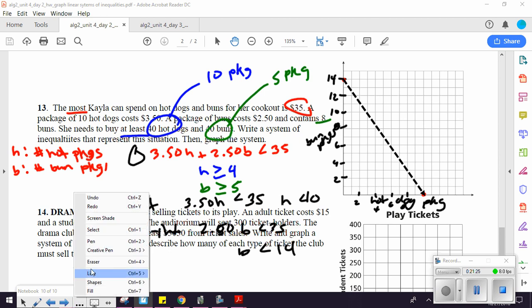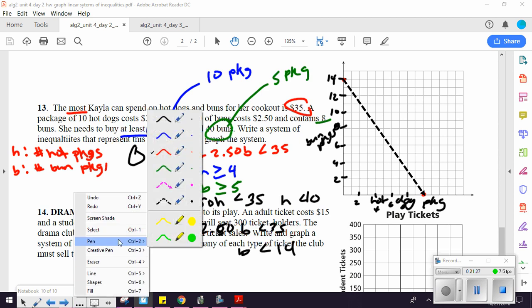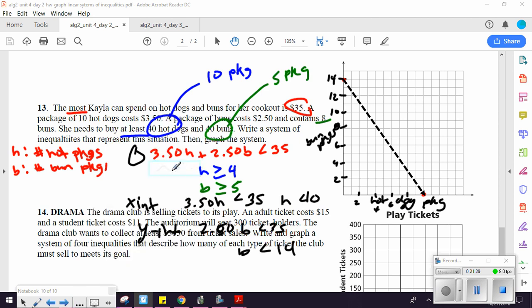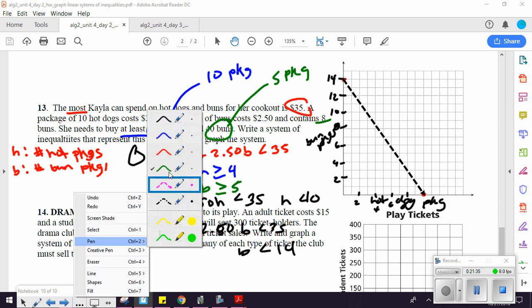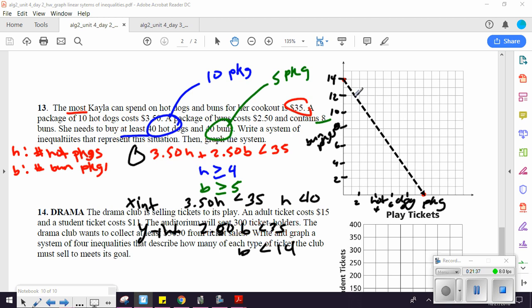And then for our test point, we could use (0, 0). So 0 less than 35 is true, so that means we would shade below that line.